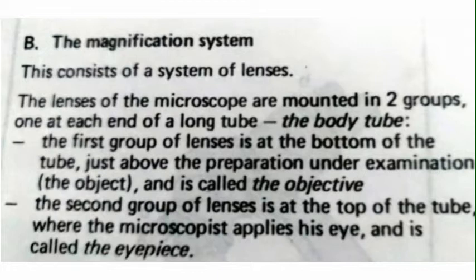The first group of lenses is at the bottom of the tube, just above the preparation under examination, and is called the objective. The second group of lenses is at the top of the tube, where the microscopist applies his eye, and is called the eyepieces.